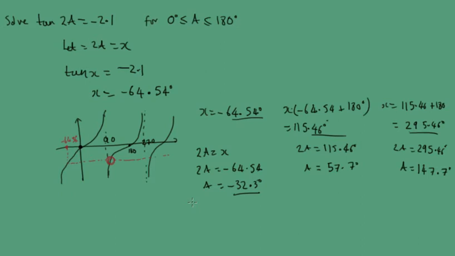So the solutions are 57.7 and 147.7, because it's between 0 and 180, and this one is less than 0.